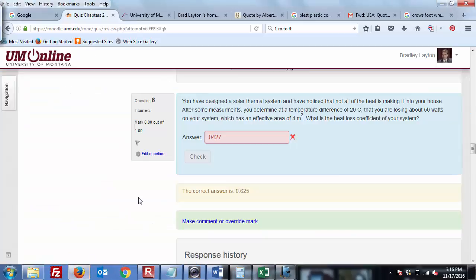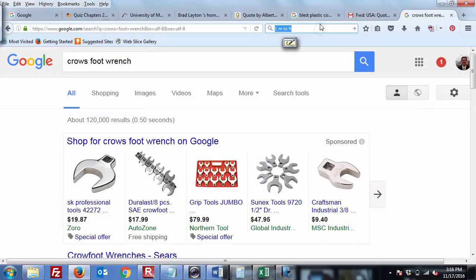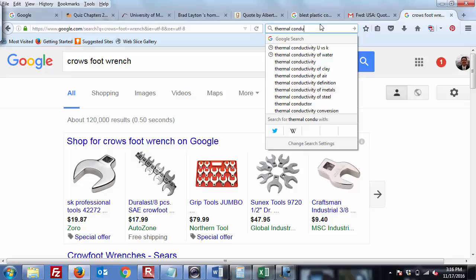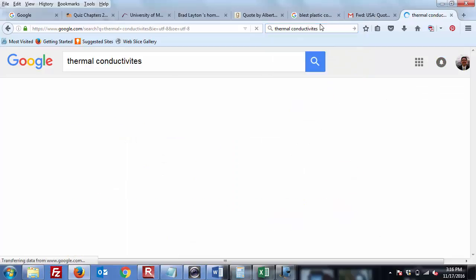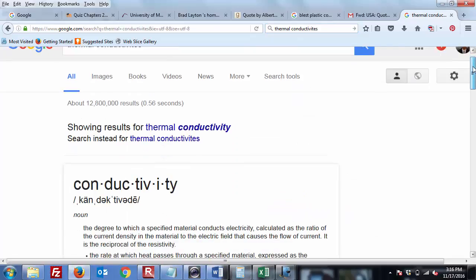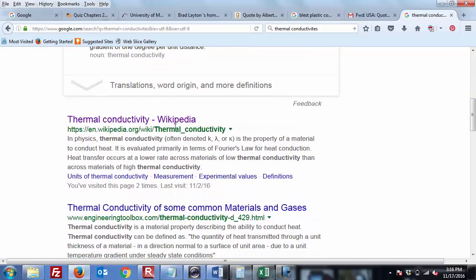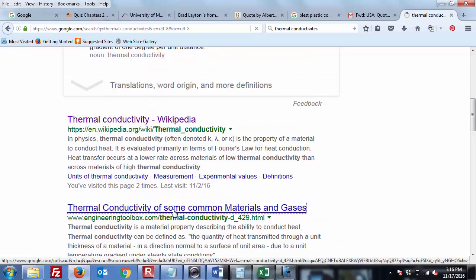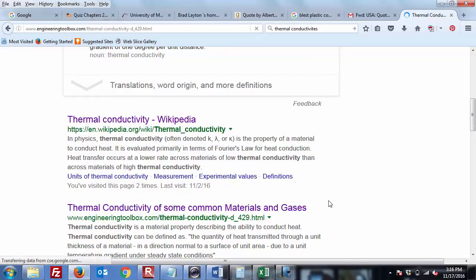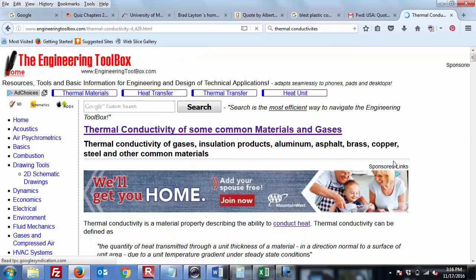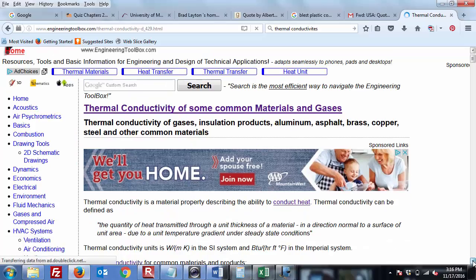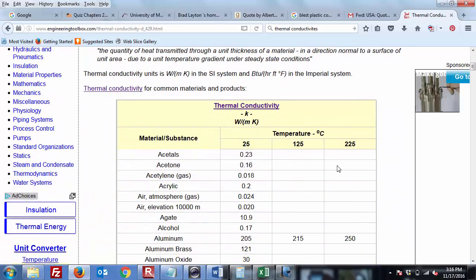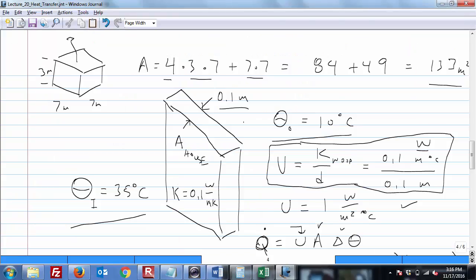And let's just take a peek at thermal conductivities really quick. Let's hit the engineering toolbox. So here you can see that the thermal conductivity is in watts per meter Kelvin.